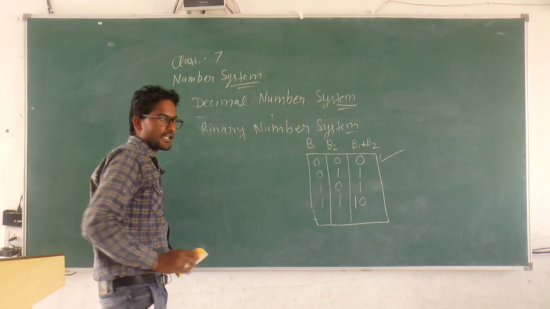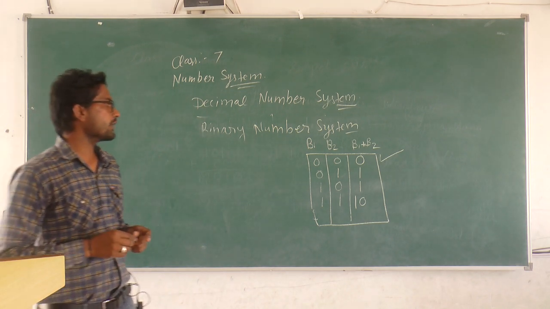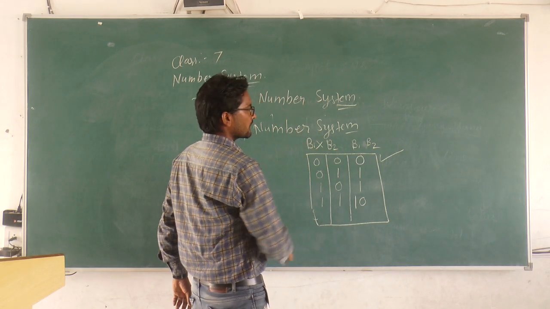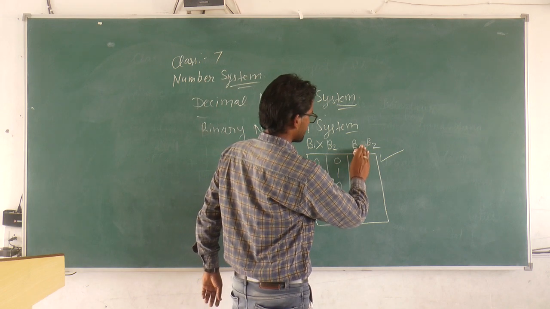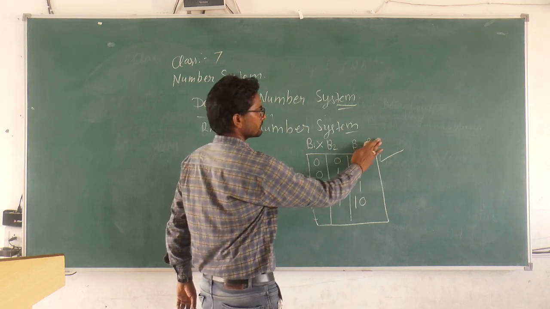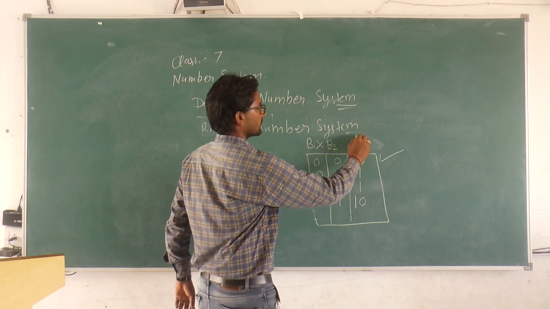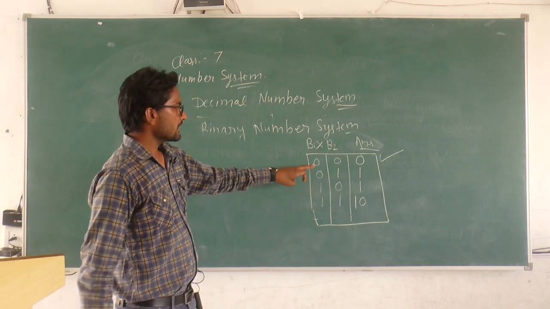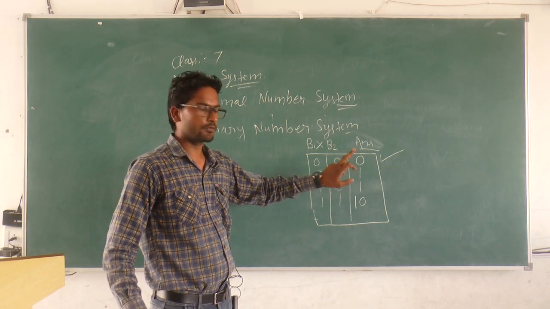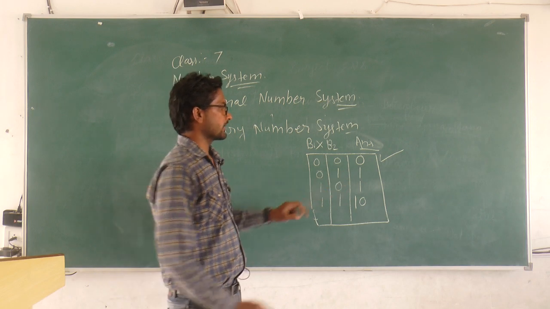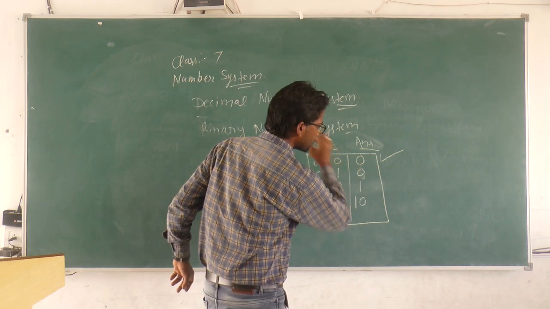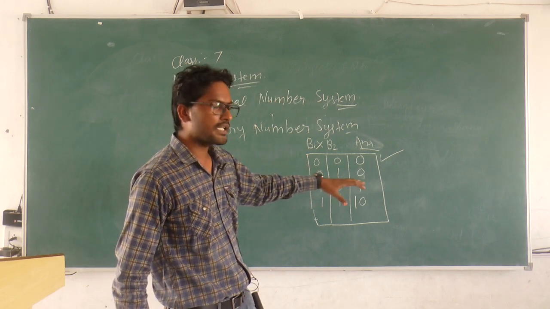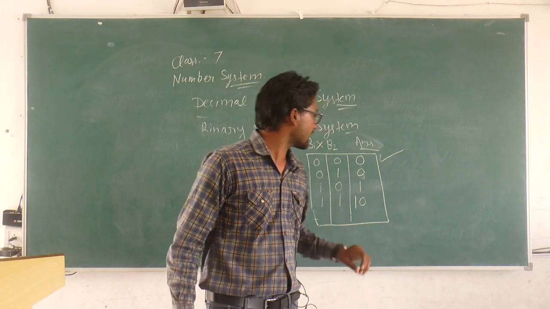Next one, friends: how can we do multiplication in binary? B1 into B2, what is the answer here? 0 into 0 is 0. 0 into 1 is 0. It means if any 0 comes in the multiplication, the result becomes 0, as in your decimal number system.